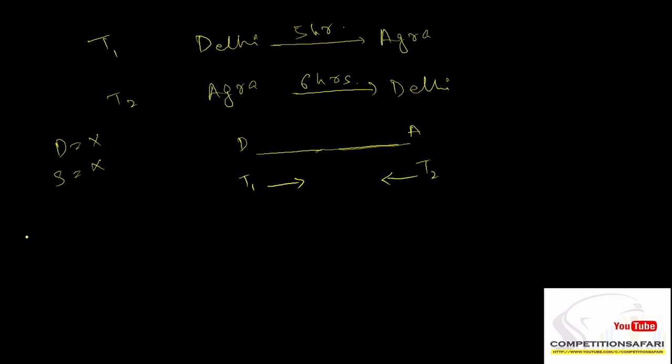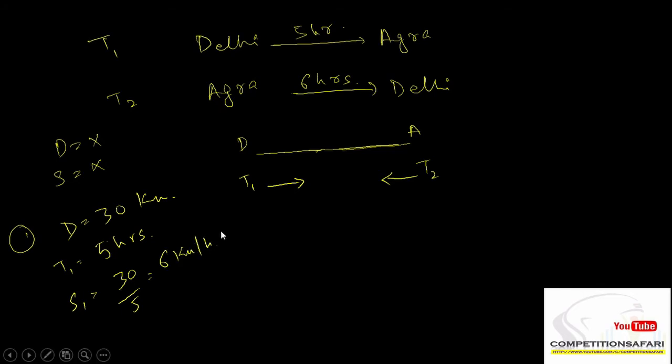So let's say that our total distance is the LCM of the times given here. The LCM is 30, so our distance becomes 30 kilometers. The time taken by train 1 is 5 hours, so the speed becomes 30 by 5, which is 6 kilometers per hour.